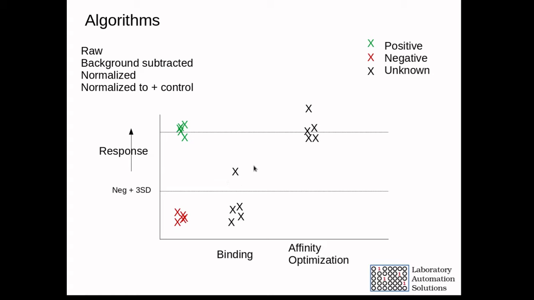Anything that rises above that threshold would be considered a hit. In an affinity optimization experiment, you are starting with an antibody that has a given binding affinity. That would be your positive control, and the mean would be your threshold. You are looking for samples that are enhanced in binding above the control.